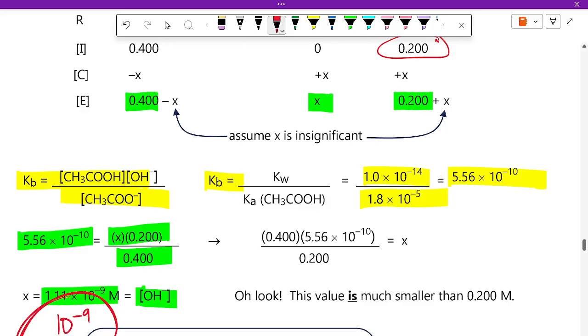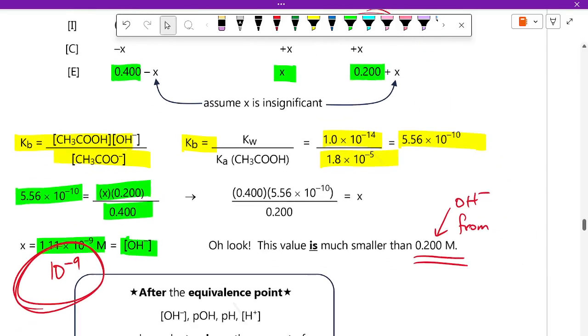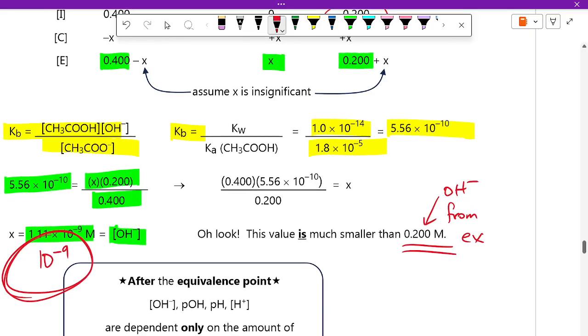How does that compare with our 0.2 molar OH minus from the excess NaOH? Insignificant. So after the equivalence point, you can just ignore the weak acid and ignore the weak base. Just look at whatever the strong thing is in excess.